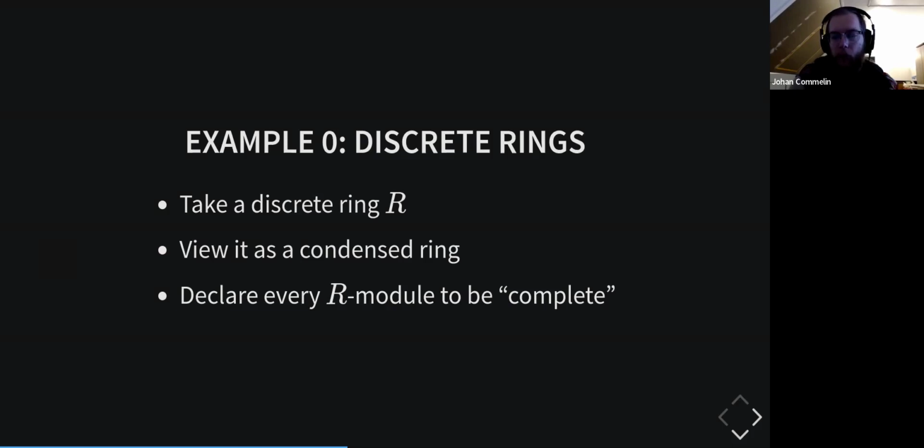But it's not completely silly. The upshot is that you can play out all of commutative ring theory inside this world of analytic rings. And as a consequence, once you start doing geometry, schemes will be examples of the analytic spaces that are built from analytic rings. So it's a good thing that we have this example, even if it's trivial.